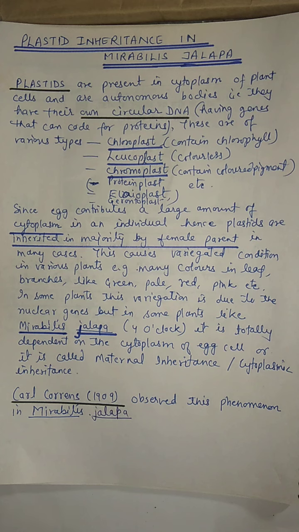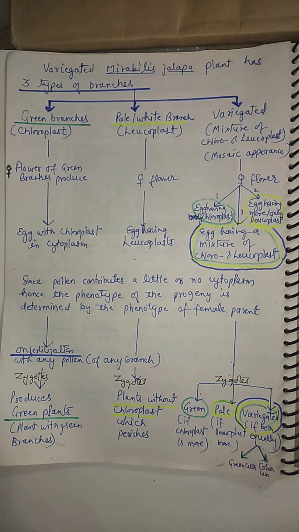In some plants, this variegation is due to nuclear genes, but in some plants like Mirabilis jalapa, the four o'clock plant, it is totally dependent on the cytoplasm of the egg cell, and this is called maternal inheritance or cytoplasmic inheritance. Carl Correns observed this phenomenon in 1909 in Mirabilis jalapa.